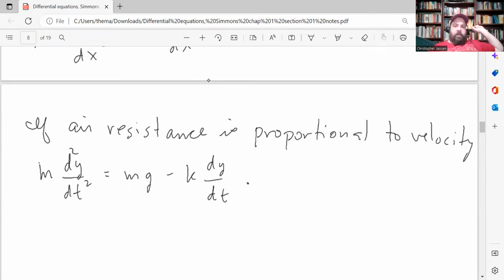So you get this linear term here, a first order term rather, due to air resistance. Right, so this is still a second order differential equation because the highest derivative that occurs is the second derivative. Right?